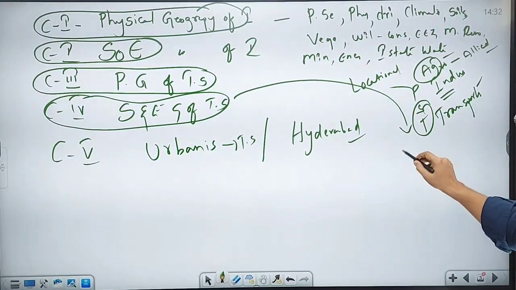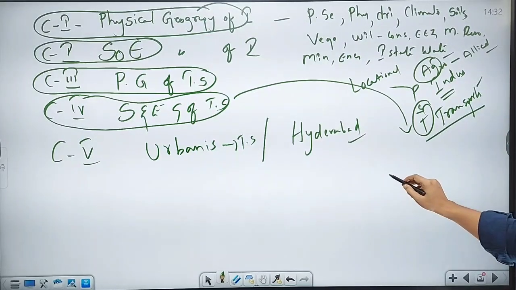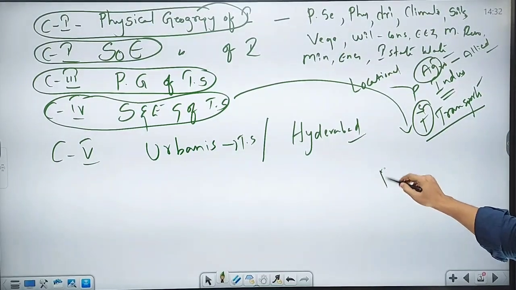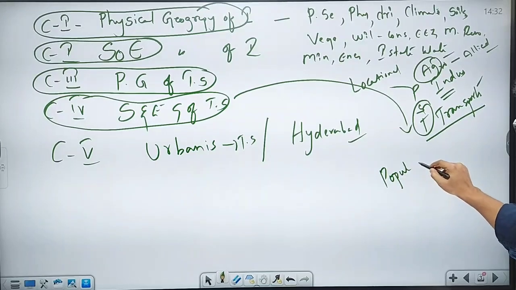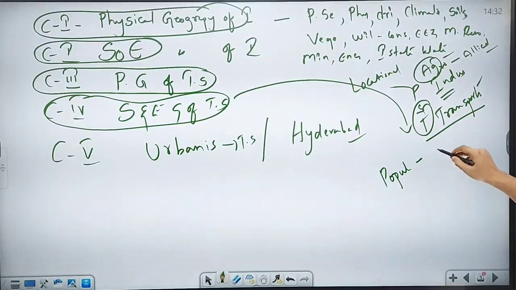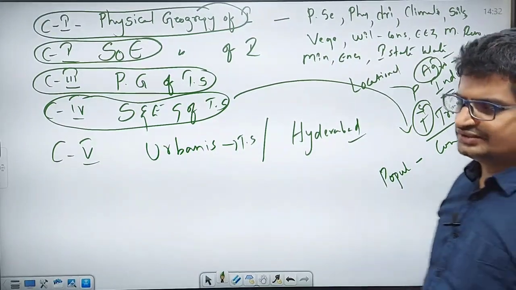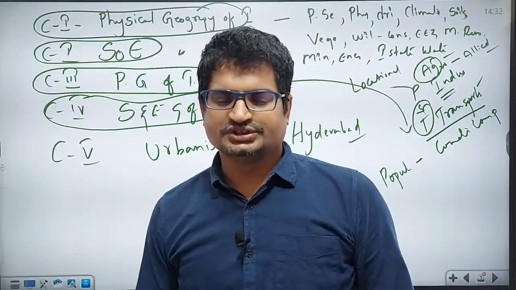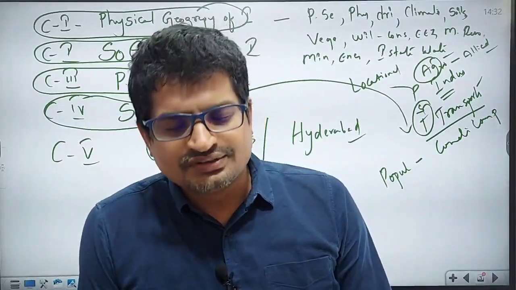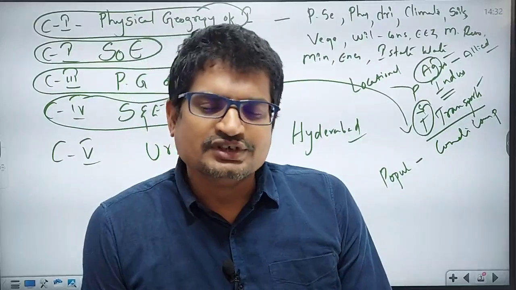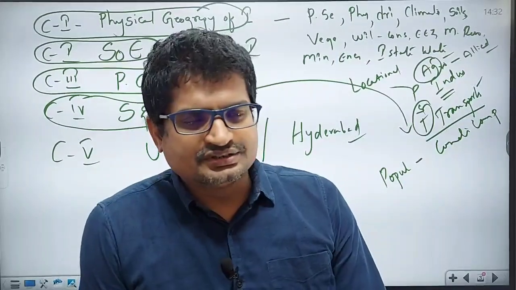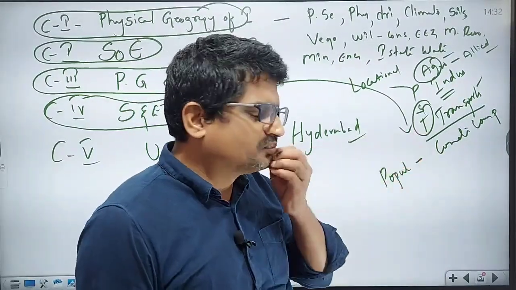And the remaining part of this chapter is about population: population statistics, population conditions, population composition, caste composition, religious composition, SC/ST composition, literacy rate, sex ratio, urbanization, etc. All come under population.